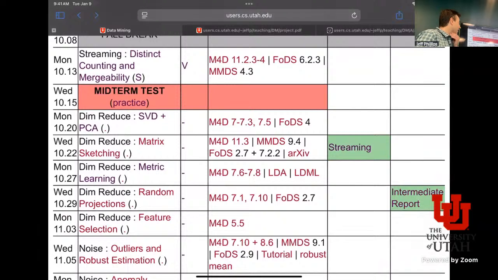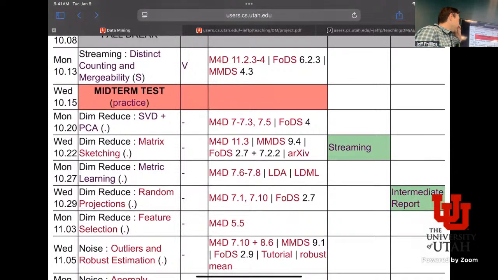Other thing coming up, the intermediate report for your projects is due a week from Wednesday. That'll be 1 page per student in the group. The report should start with the overall goal, which is your proposal, and what data set you are working with, just your data collection report. You will bring it to class on this day, and we will have peer feedback in class that day as well.